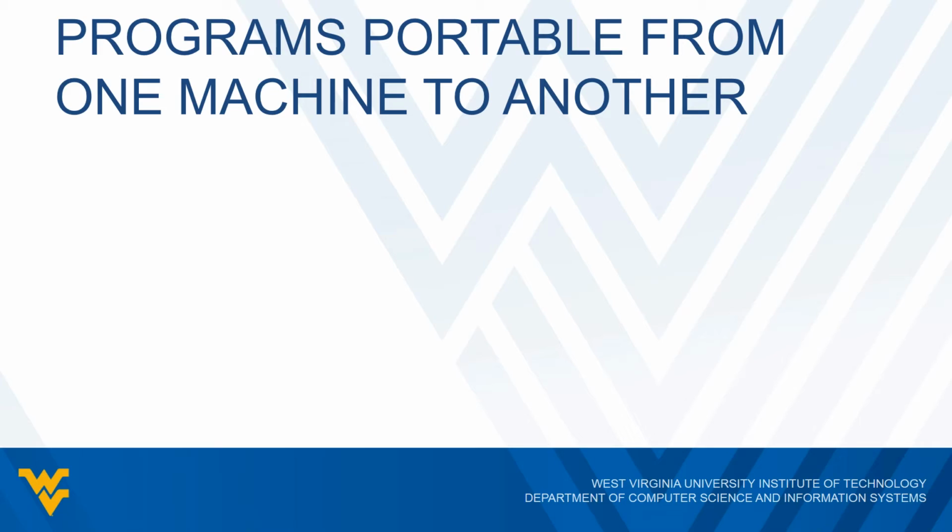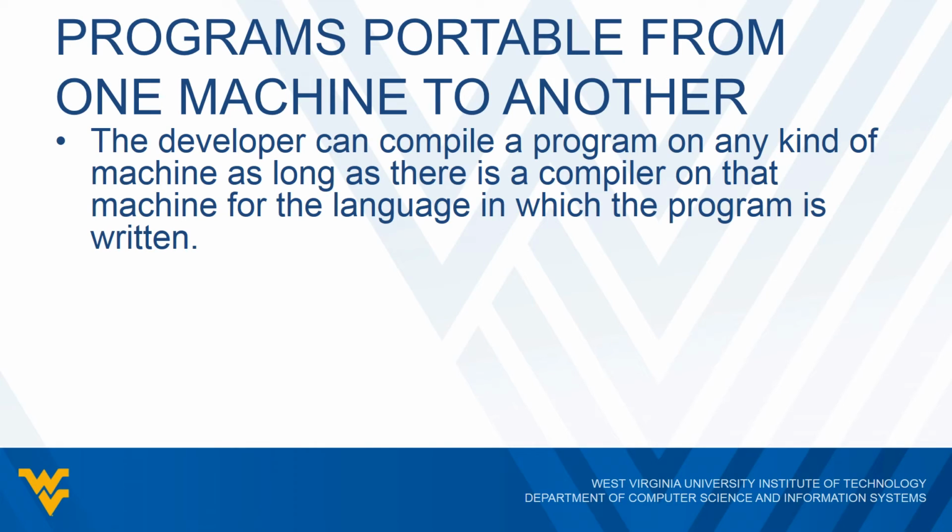The way this is done is we use the compiler to make it work for specific machines. What this means is the developer can compile a program on any kind of machine as long as there's a compiler for that machine for the language in which the program is written. So when we compile our program into machine language, it compiles to a specific machine language, maybe specifically for PCs or specifically for Macs.